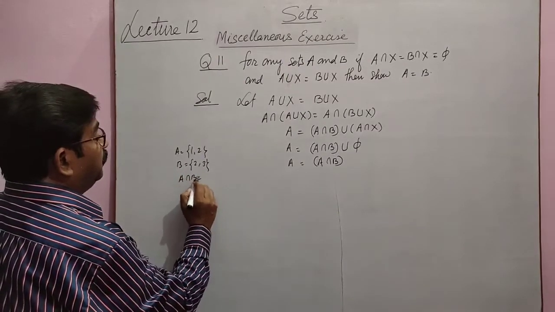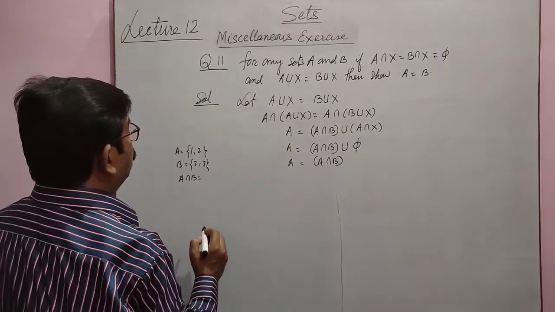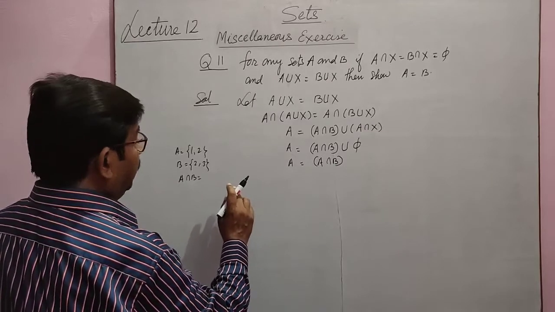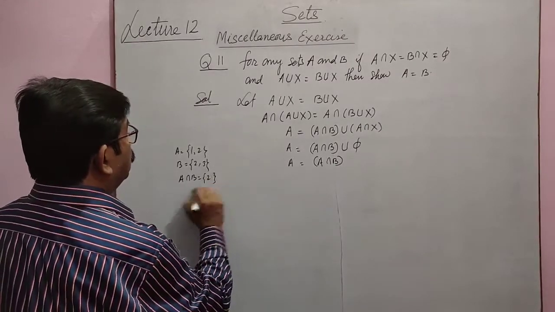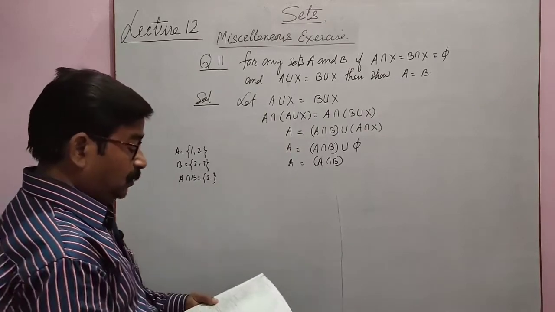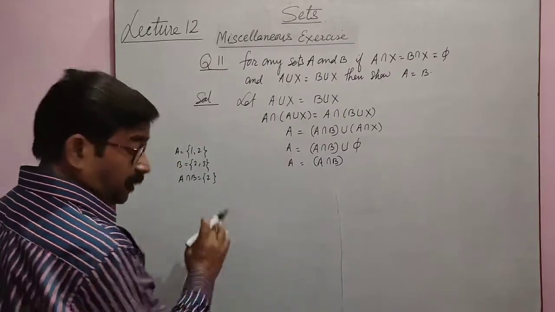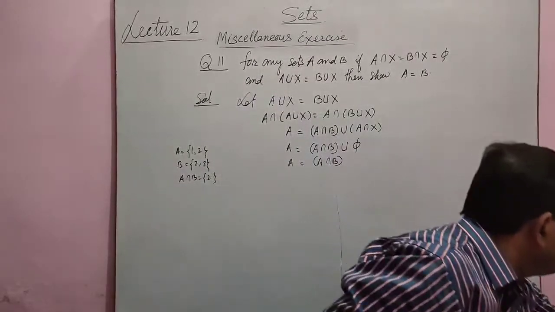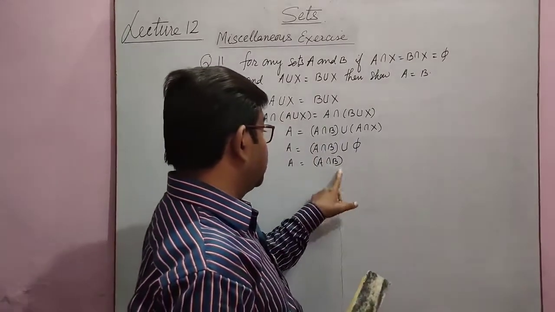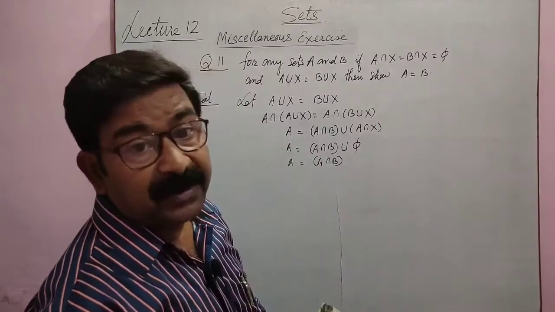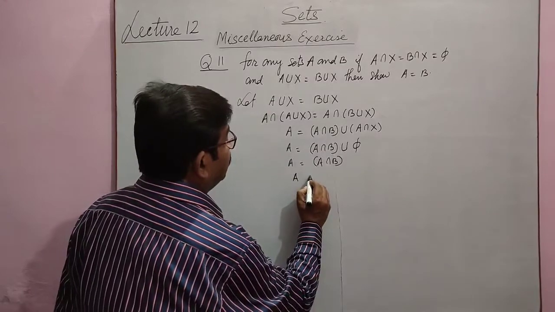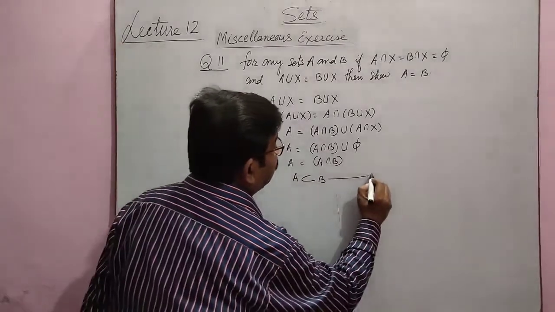A intersection B is equal to {2}. So when we have A intersection B equal to A, it means A is a subset of B. This one is equation number 1.